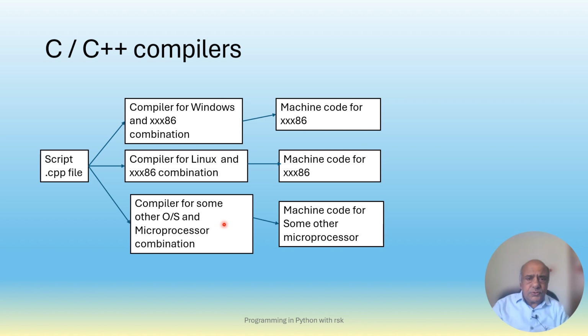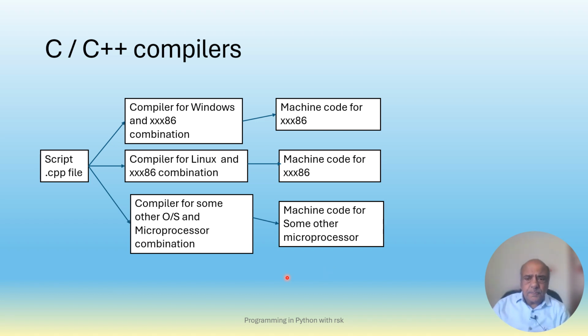What these compilers do is compile the program and convert the source file into machine code specific to the microprocessor and OS combination. So the compiler for Windows will convert the source file into machine code for 8086 variants of microprocessor. Similarly for Linux, and similarly for other compilers.